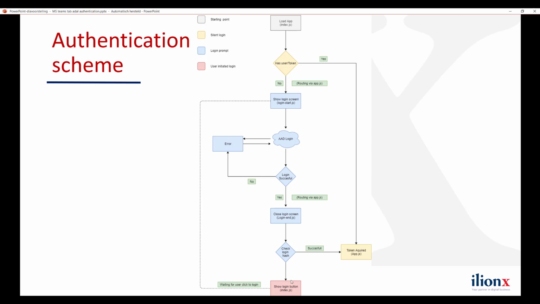So in that case, we'll show a button, and once the user clicks that button, it still opens the login-start.js. And this works because it's not initiated automatically. And by doing so, if the user clicks it, then the browser will always allow the pop-up to start.